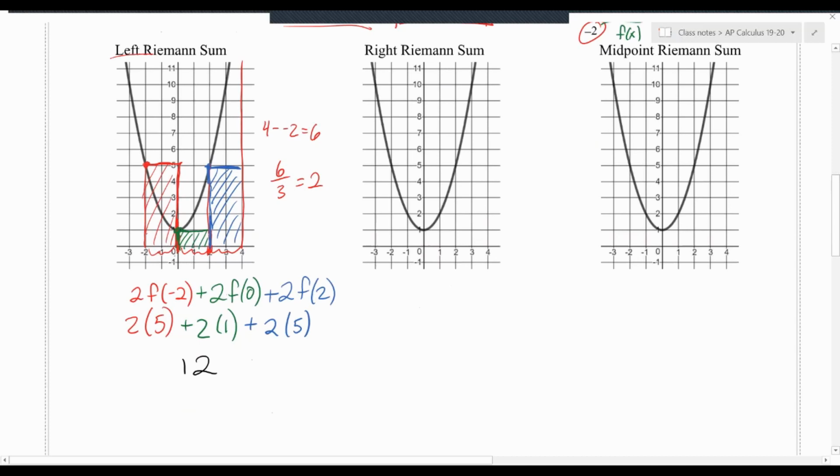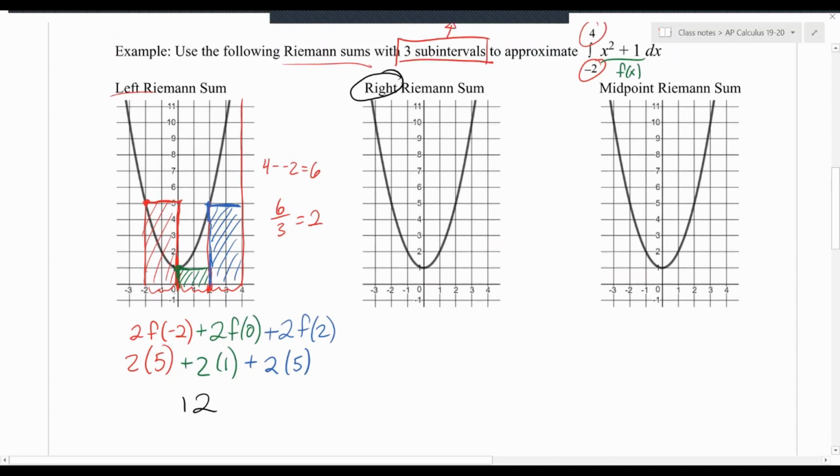Let's try a right Riemann sum now. It's very similar. The only difference is we're going to use the right side of the interval. So we're still using our 3 subintervals, so we're still going to divide it up into intervals with base 2.